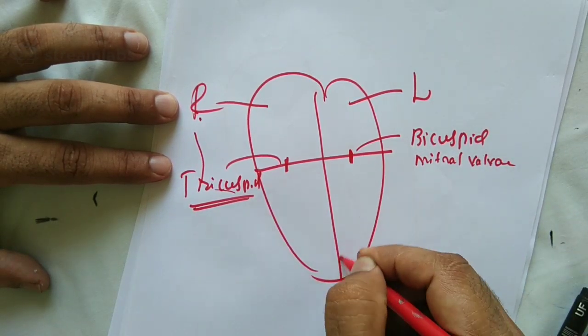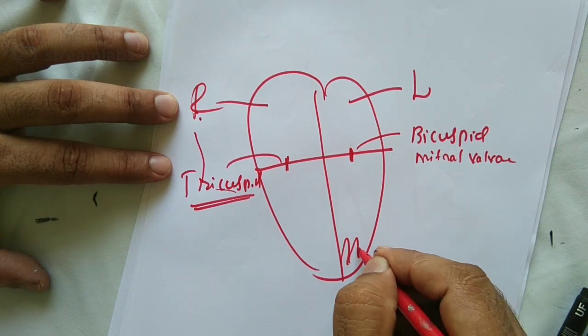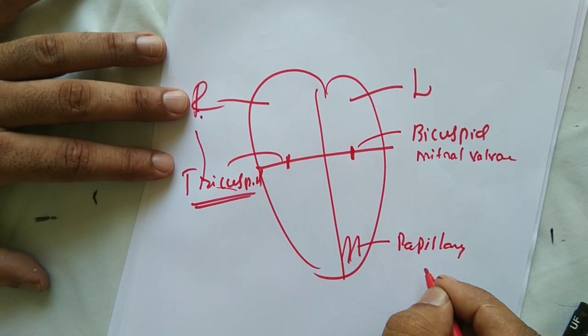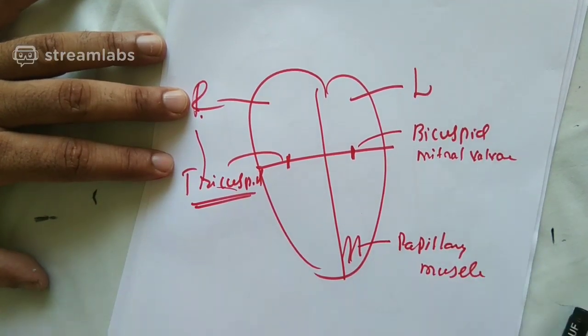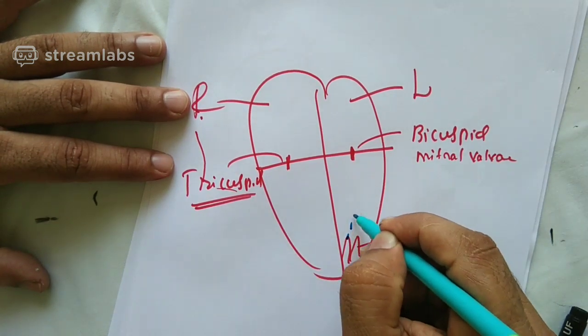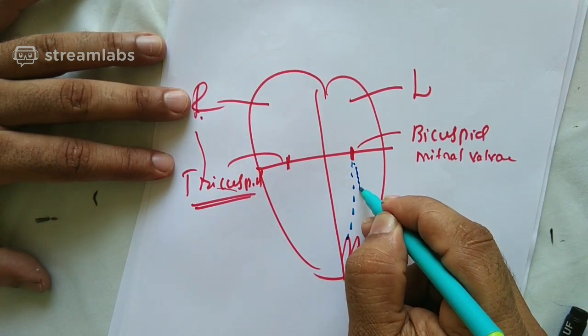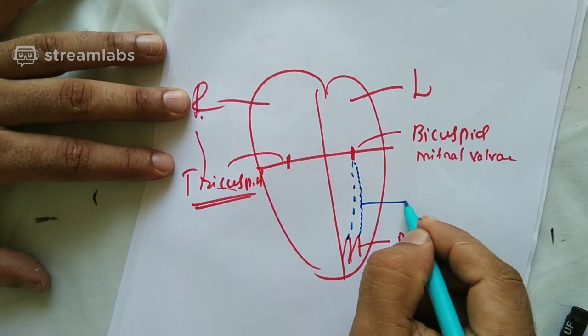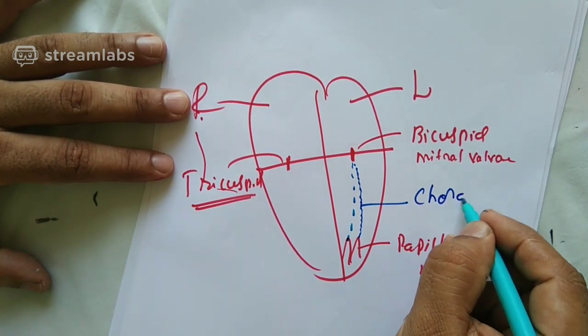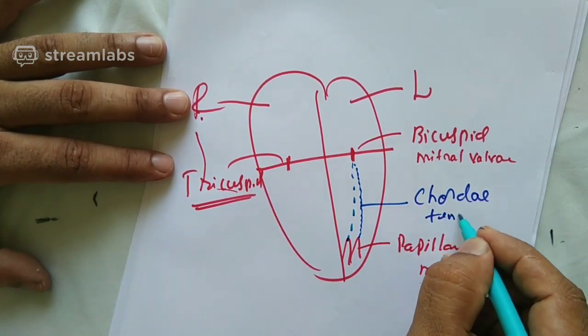We understood. In addition to that, there is a presence of papillary muscles here, and these papillary muscles will produce fibers which are made up of collagen, called heart strings, also called chordae tendineae.